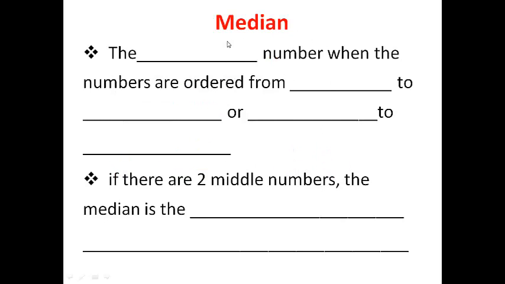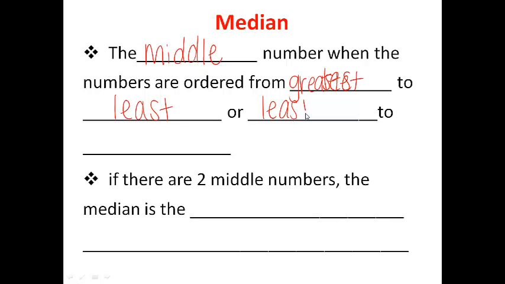The median is just the middle number when the numbers are ordered from greatest to least, or vice versa, least to greatest.